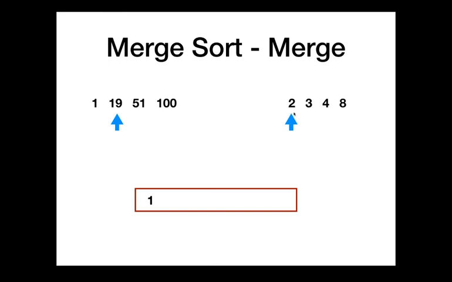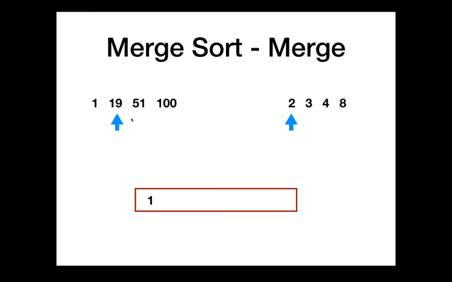So 1 comes before 2, and 2 comes before all these values, so therefore 1 must come before all of these values. And since this list is already sorted as well, 1 comes before all of these. I know those comparisons have already been made as well. At some point in the recursion, those comparisons have already been made. So with just one single comparison, I'm comparing 1 to just 2, but I've effectively compared 1 to all n elements in these lists.